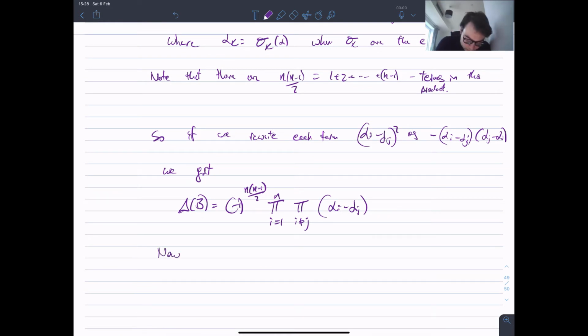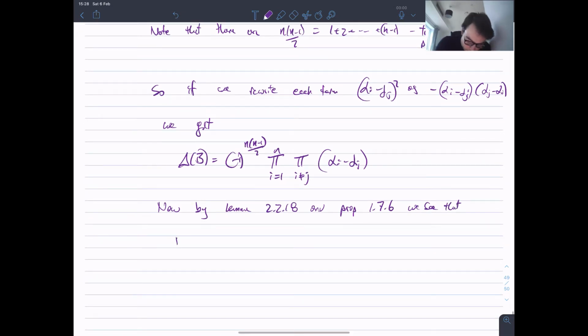And then now, by lemma 2.2.18 and proposition 1.7.6, we see that this norm is product from I equals 1 to n of m primed alpha I, because the norm is the product over all the different embeddings, and then the embedding somehow will commute with being inside of the minimal polynomial or not.